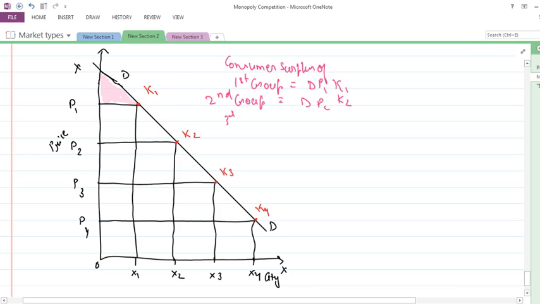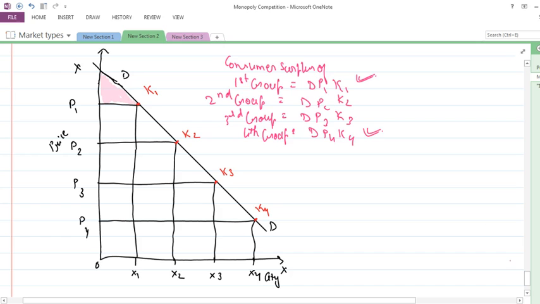Third group is equal to DP3K3. Fourth group is equal to DP4K4. That's the surplus for each of the groups. Now in this manner the consumer surplus is created. The first group would be having the least amount of consumer surplus, whereas the fourth group would be having the maximum consumer surplus in this case.